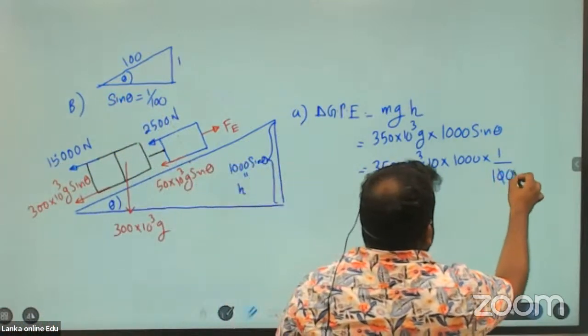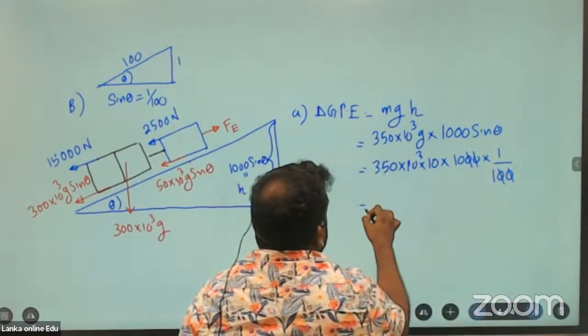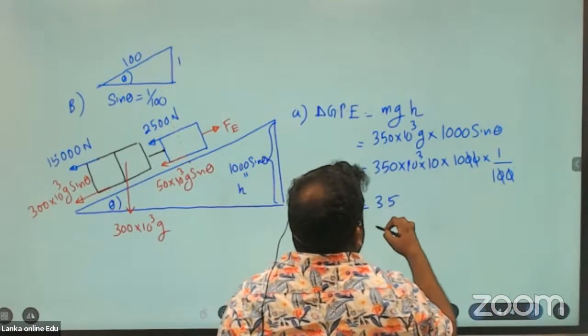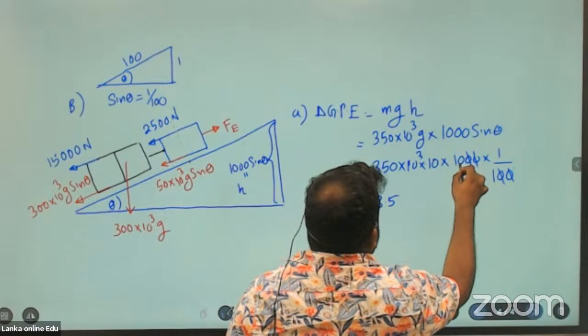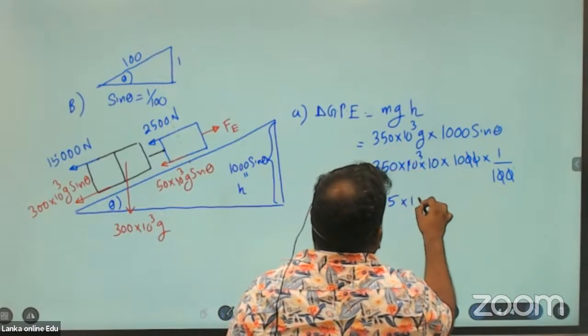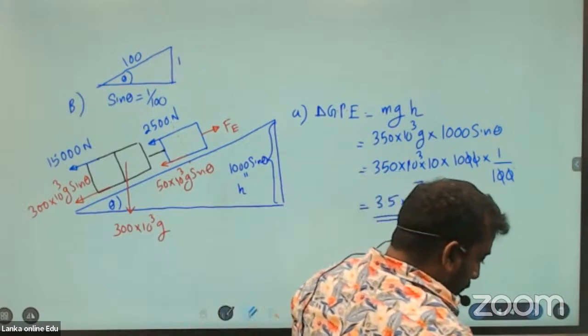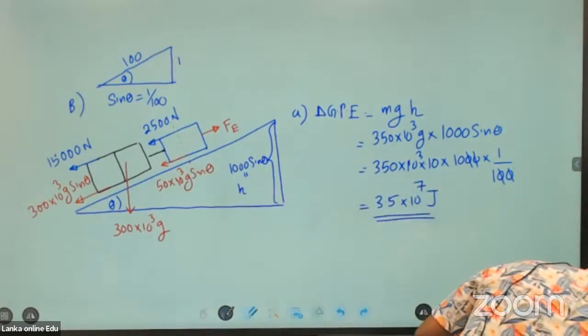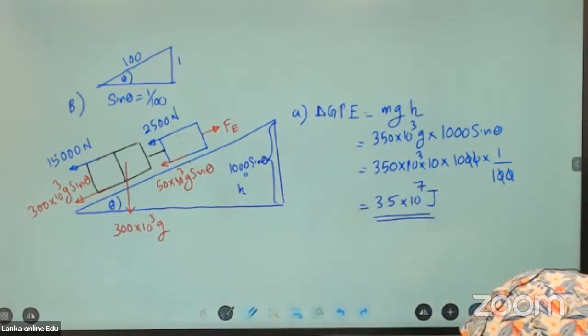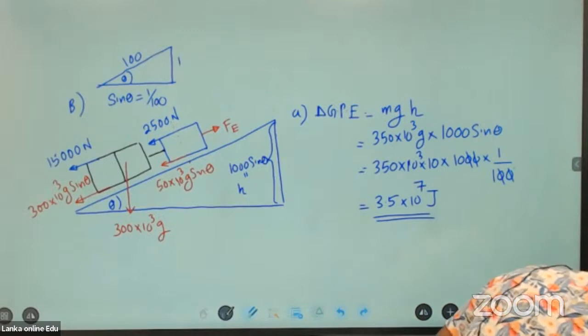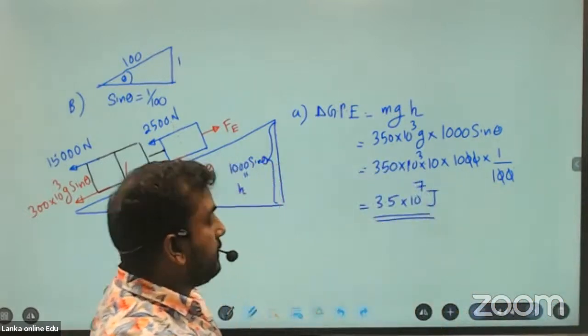Simplify this carefully, 2 zeros, 2 zeros: 3.5 × 10^7 joules.